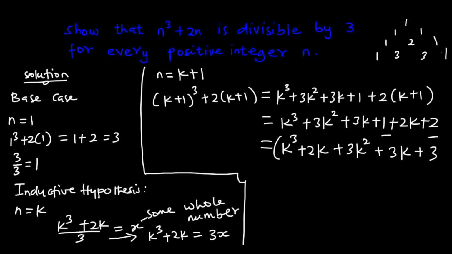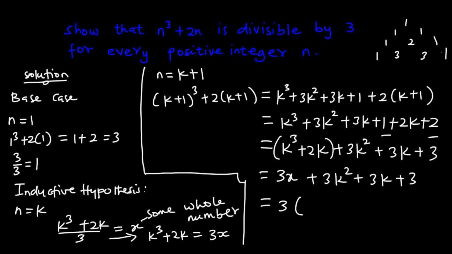From here we know that k to the power 3 plus 2k equals 3x, so we can substitute 3x here. You have 3x plus 3k squared plus 3k plus 3. You see that 3 is common to all the terms, so you can factor 3 out.